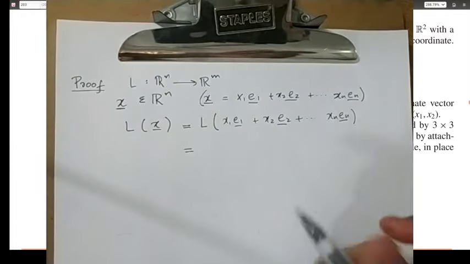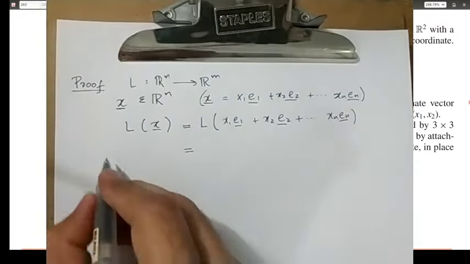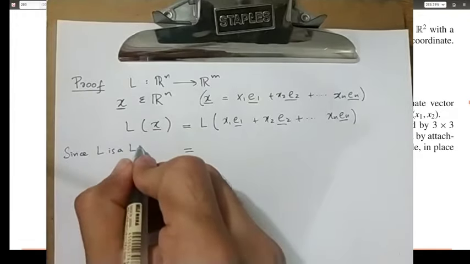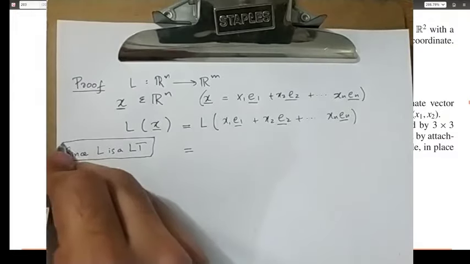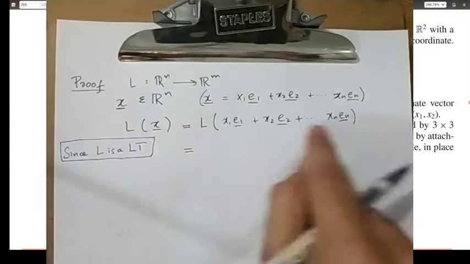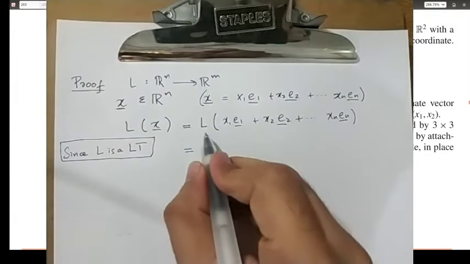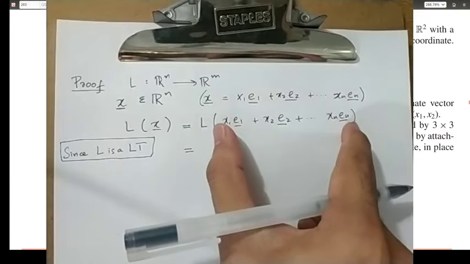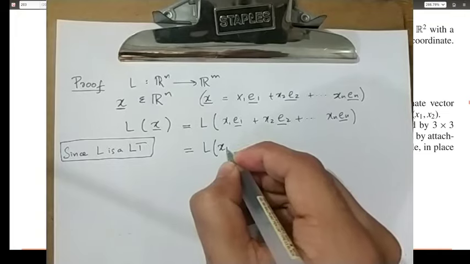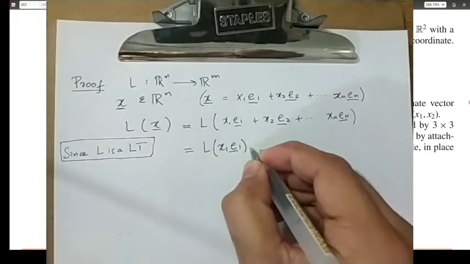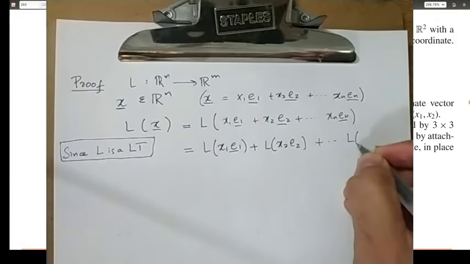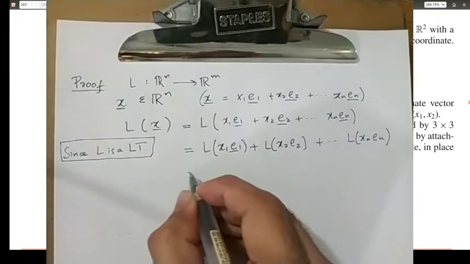Now all I need to do is use the properties of a linear transformation, which I know holds because we started off with a linear transformation. Addition in the original space turns into addition in the output space, so I can separate the additions: L of x1 e1, L of x2 e2, up until L of xn en.